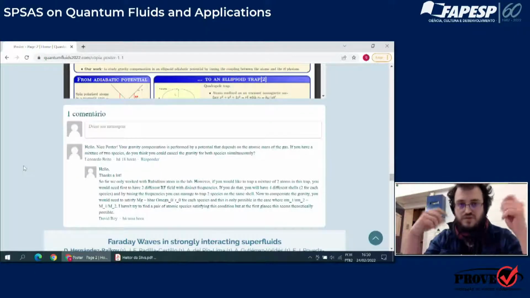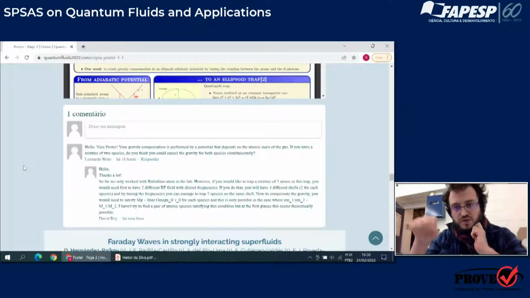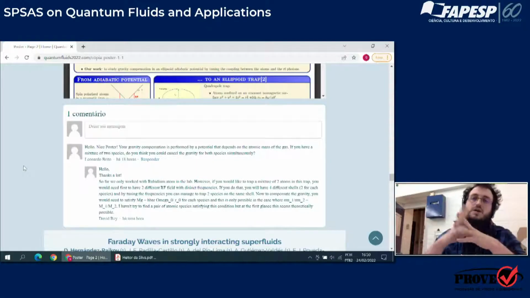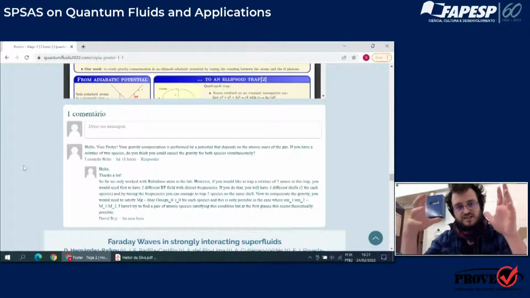And then, if you want to compensate gravity for both species, by doing very simple math, you can see that the only way to get the gravity compensation for both species would be to have the ratio m1 over m2 equal to the ratio of magnetic moments mu1 over mu2.